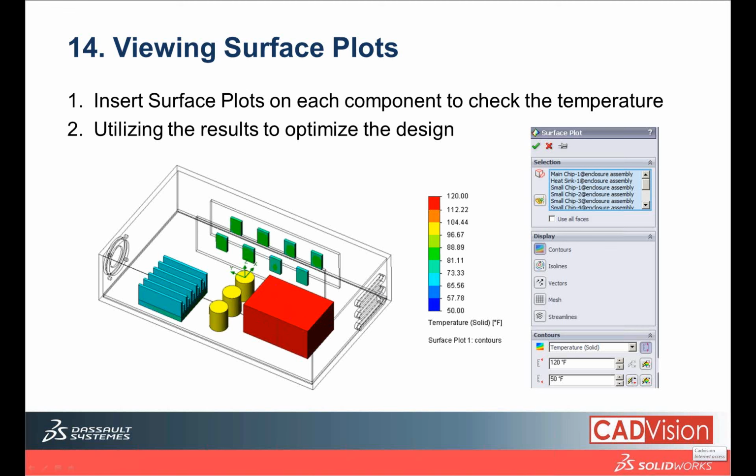Then we can look into which portions we would like to pay attention to. If you encounter thermal warpage situations, surface plots will be a good post-processing feature for you to check where the possible positions are where thermal warpage will happen.